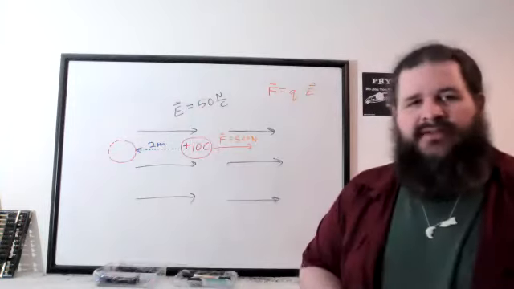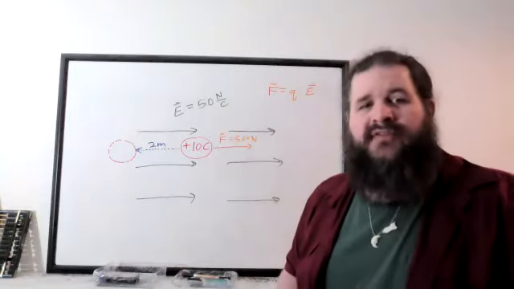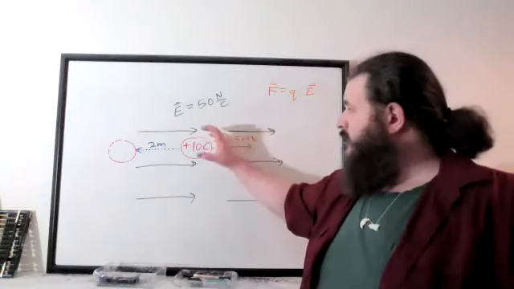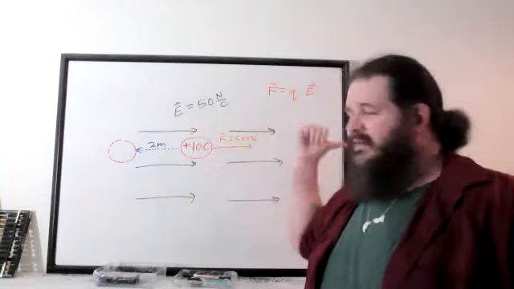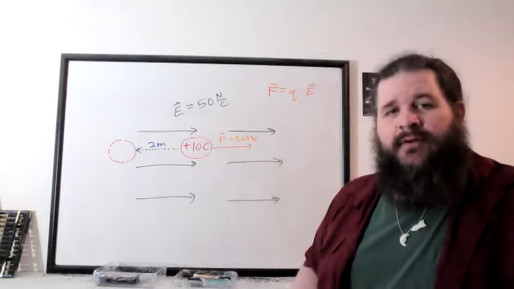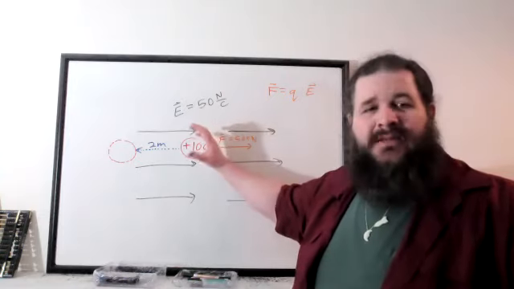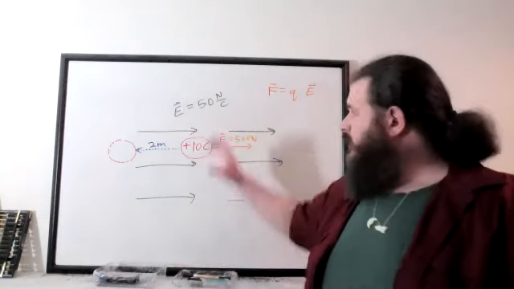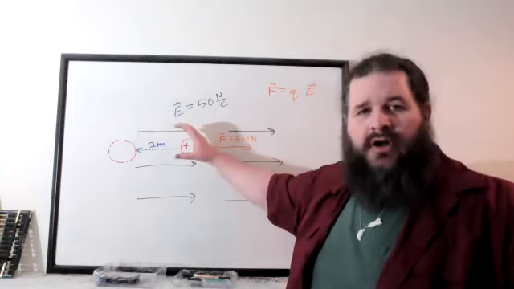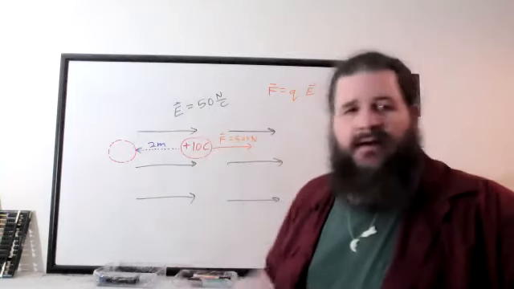If you want to move it, or more precisely, if you want to prevent it from accelerating, if you want it to just move at a steady pace instead of accelerating, you've got to apply a force of your own. You've got to apply the same amount of force in the other direction just to keep it from accelerating. So you're applying a 500 Newton force of your own as it moves 2 meters.